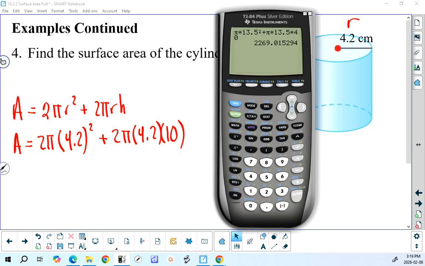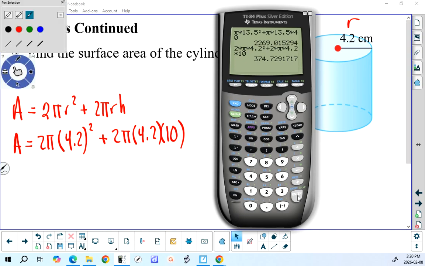Calculator time. Double check to make sure I've entered everything correct. 2 pi r squared plus 2 pi rh. Done. 375 square centimeters.